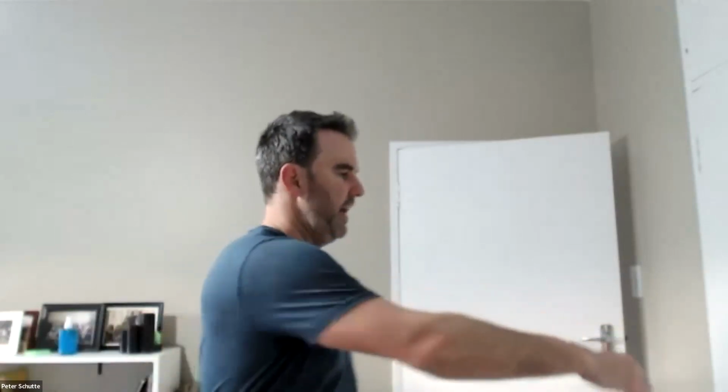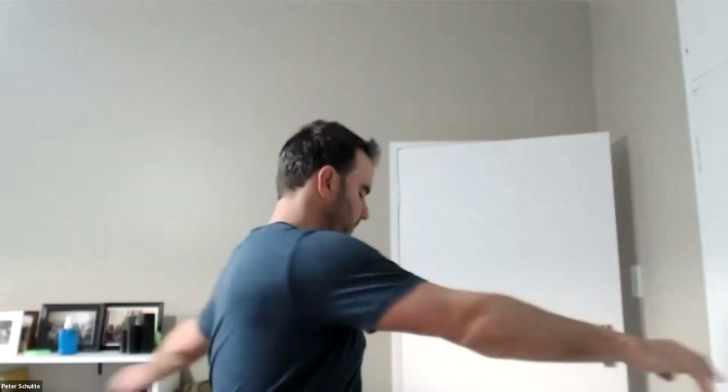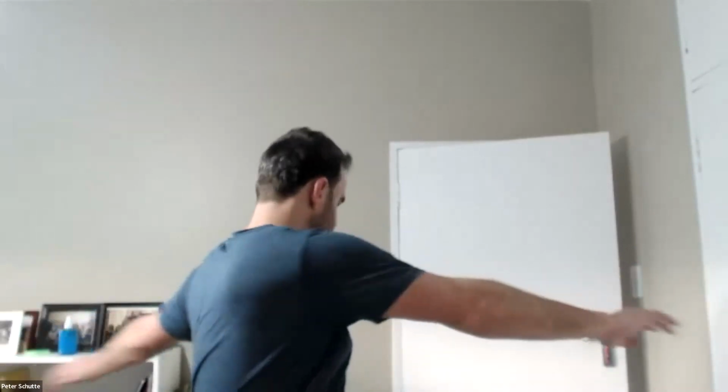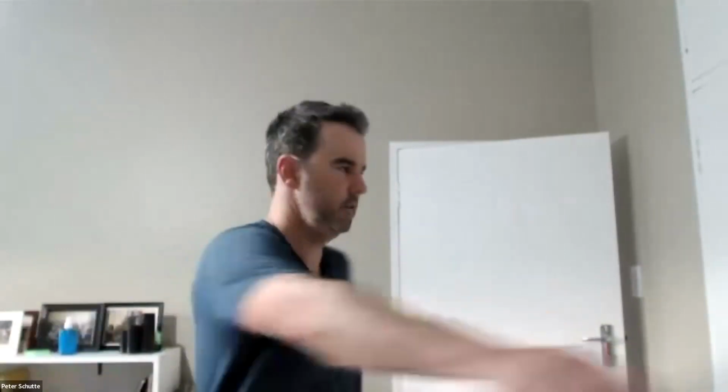Just let yourself relax. And then as you relax, you'll find that you go so much further. And then you know you are relaxing. And don't push yourself unnecessarily far either. You're just trying to loosen up.